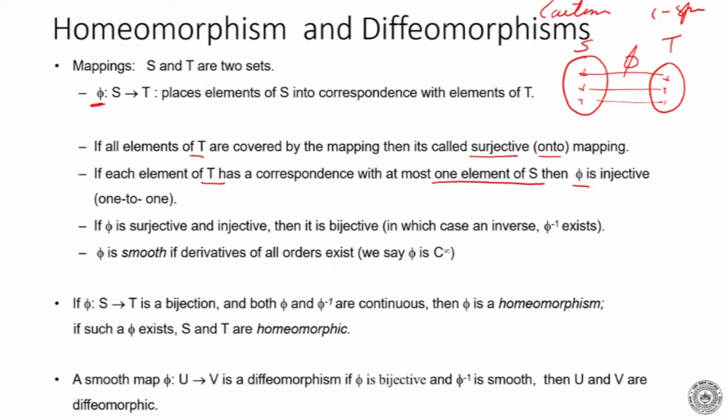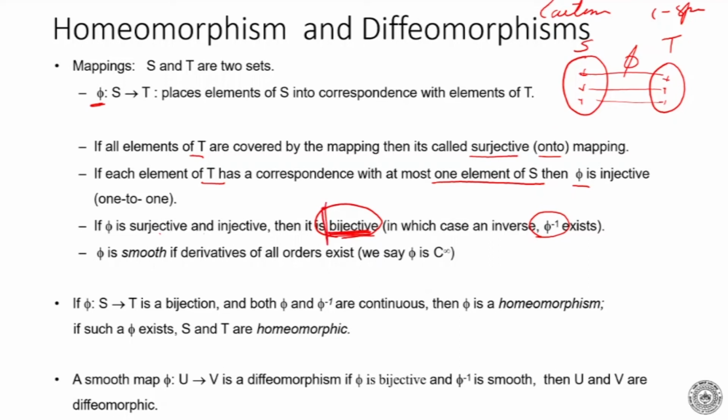Now if phi is surjective and injective, then it is bijective, in which case an inverse exists. We talked about going from one space to another space and then coming back. If you find the path in configuration space, you need to come back to the Cartesian space, otherwise it's of no use, which means the inverse has to exist, and the inverse will exist if this phi mapping is bijective. That means it is surjective, so all the elements are covered, and there is a 1:1 correspondence.